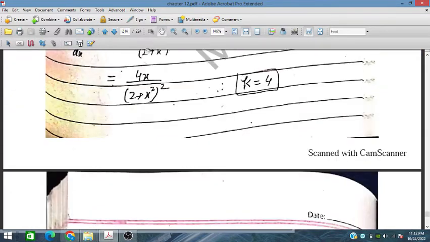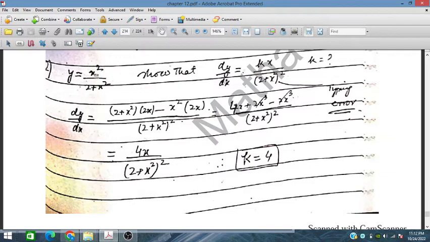Problem number 2. So y is equal to x squared upon 2 plus x squared; show that this is equal to this, and find the value of k. So dy by dx is equal to this, where this is u and this is v, so we use the quotient rule.